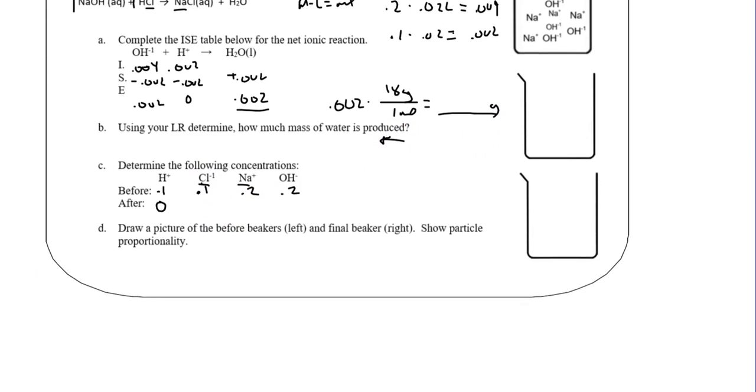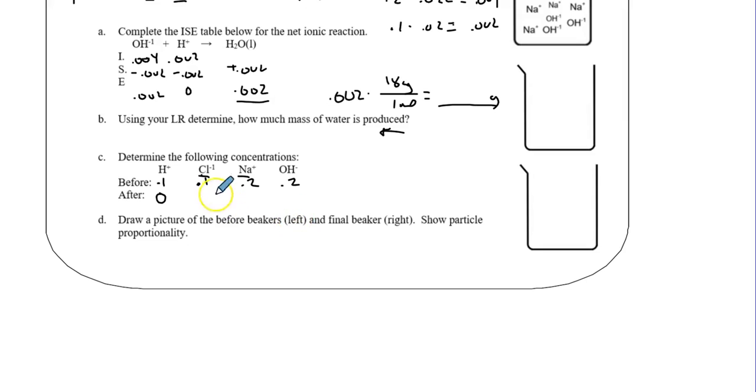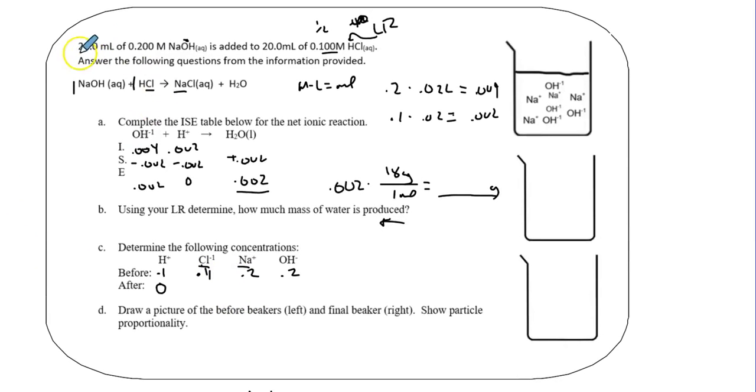Now I'm going to start with my spectators. I got the limiter done, so let's do spectators next. Sodium chloride. I'm not adding any more sodium chloride. It's going to be M1V1 equals M2V2. M1 is the initial concentration. Let's do the chloride first. 0.1. And the chloride starts out with 20 milliliters.